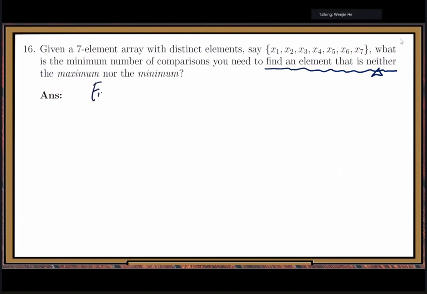Find max and min first. So here, I said one way to do it is to find max and min first.